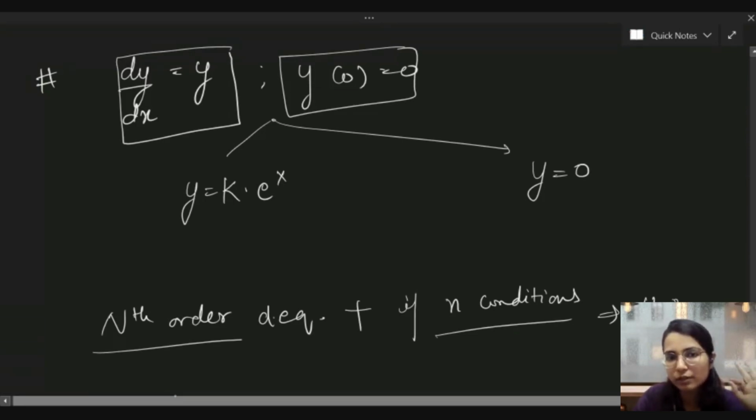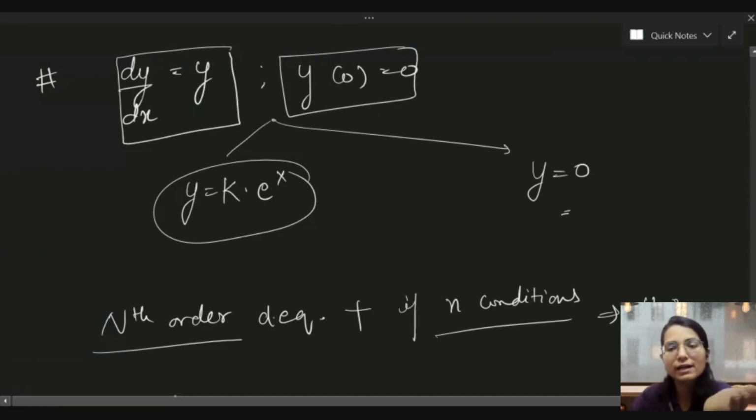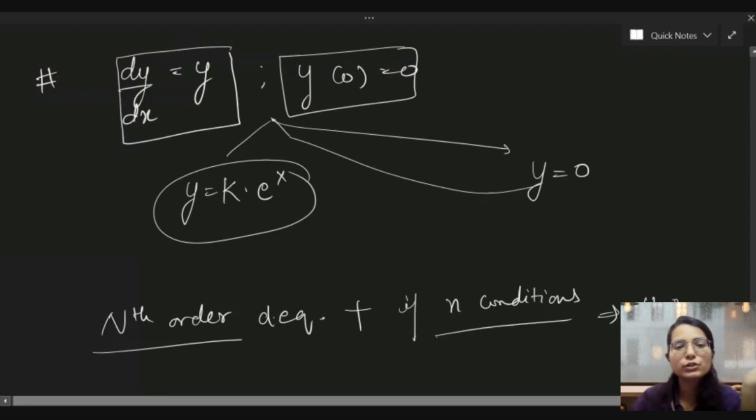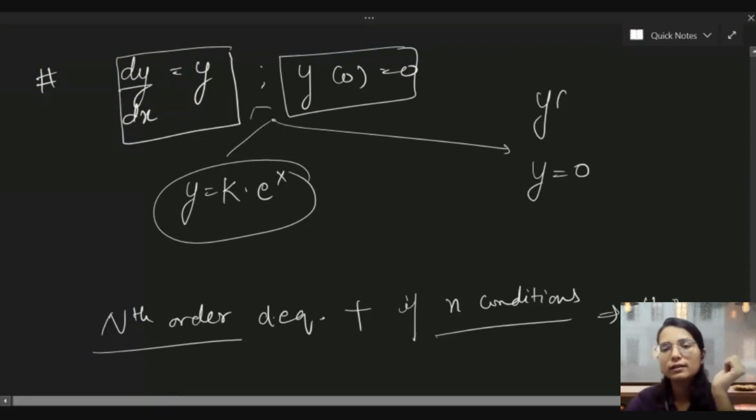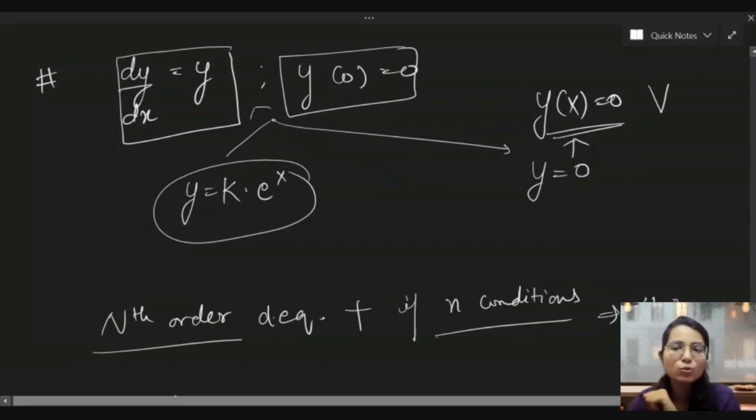So what do you think? Do you want to still solve it or go for this? Because I do want to verify that y equal to 0 satisfies it or not. It satisfies the equation, as we have seen earlier, but does it satisfy the condition? Now, y is identically 0, so y is 0 for all x.